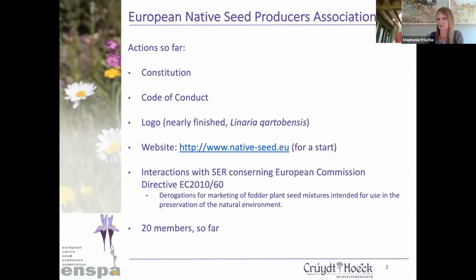I placed this example of European legislation on this page, in this case concerning the Directive 2010/60, which is all about the derogations made for fodder crop species and some other rules for native seed producers that are really not helpful, counterproductive, really.